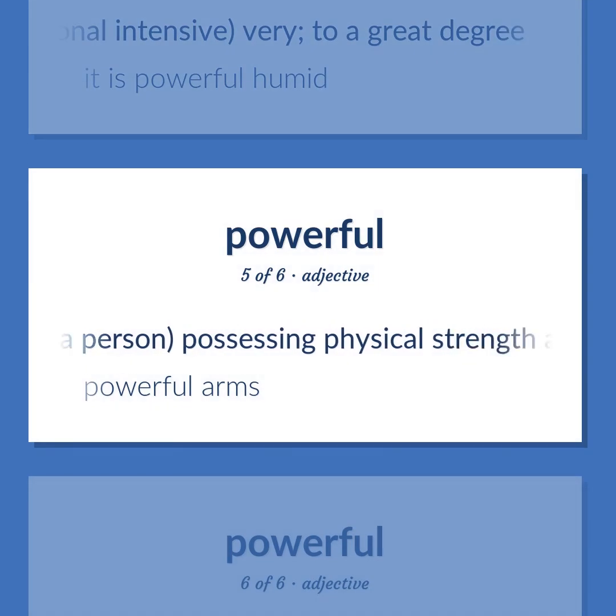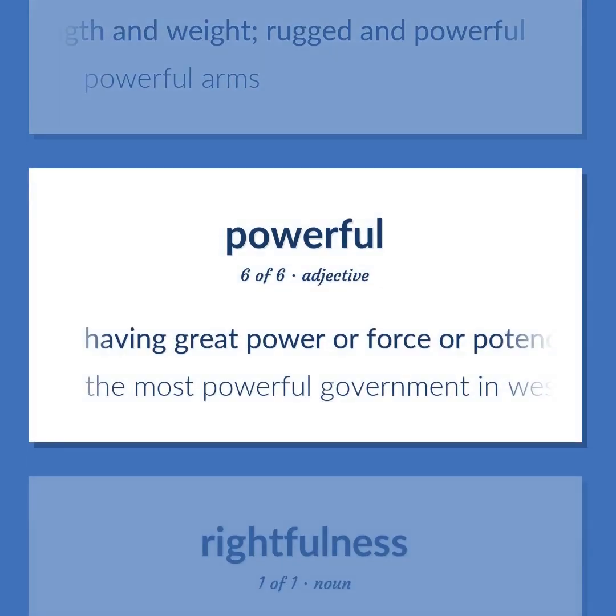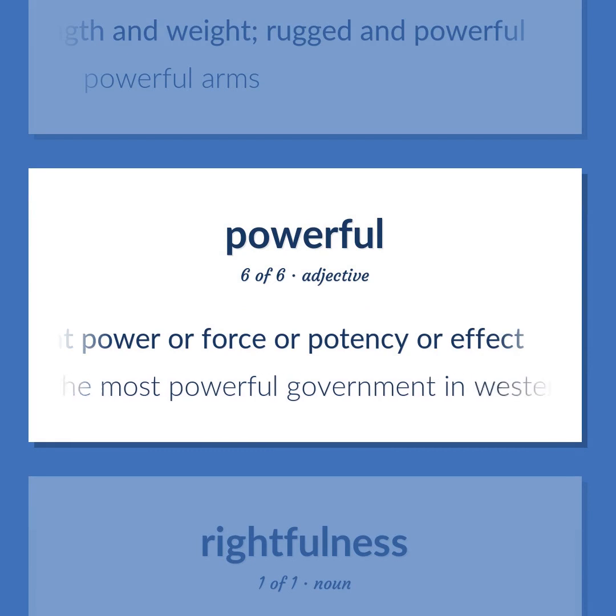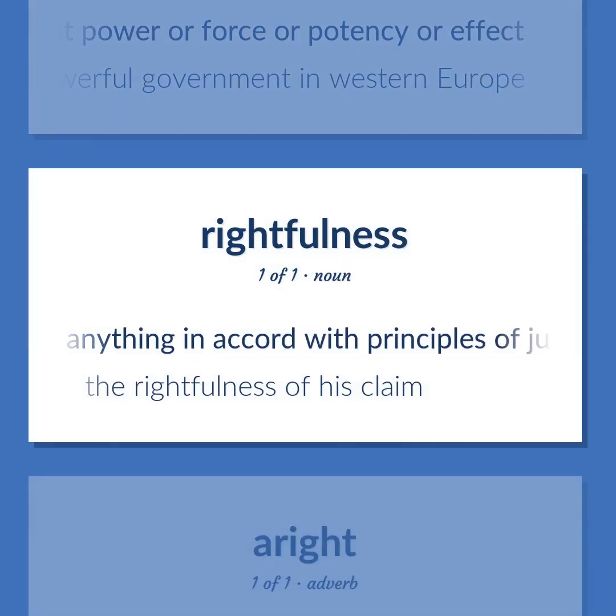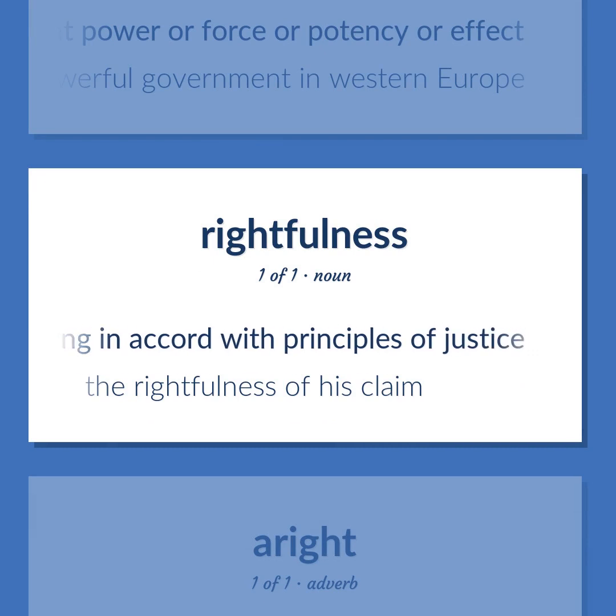Of a person, possessing physical strength and weight, rugged and powerful. Powerful arms. Having great power or force or potency or effect. The most powerful government in Western Europe. Anything in accord with principles of justice.